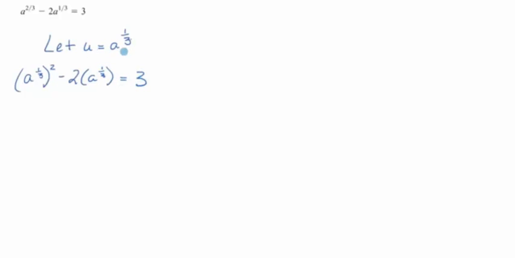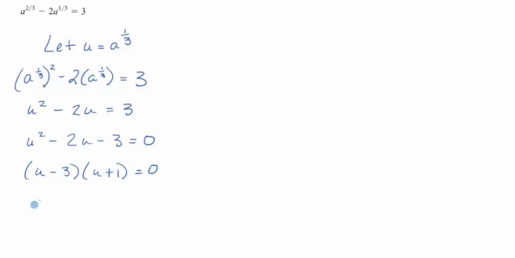And when I let u be substituted in for a to the 1/3, I get u squared minus 2u equals 3. Now we have a much simpler quadratic equation that we can solve. I'm going to factor. U is 3.